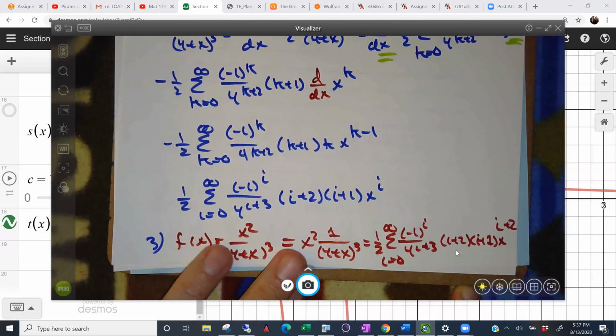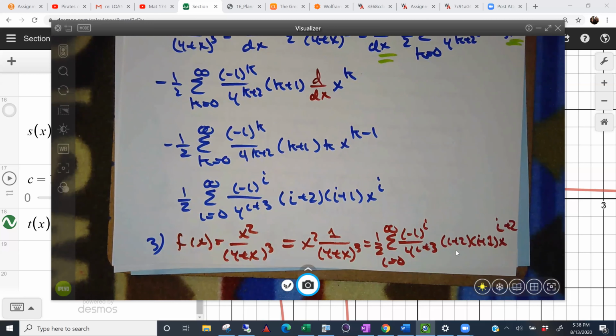Just barely enough room there. Sorry I squeezed it in. Once again, 1/2 the sum from 0 to infinity of -1 to the i power over 4 to the i plus 3 power times i plus 2 times i plus 1 times x to the i plus 2 power. Brilliant.